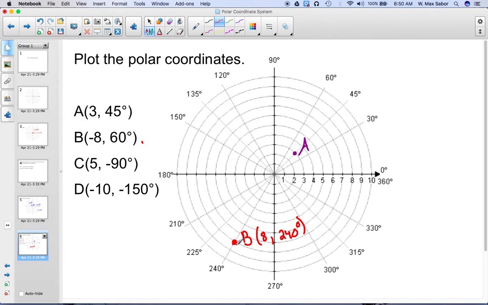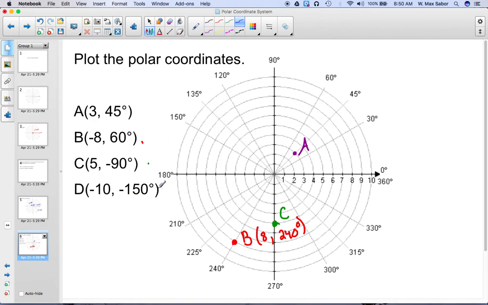Here's negative 8, 60, which is the same as 8, 240. 5, 90. Sorry, negative 90. So 5, and then we go negative 90. That means clockwise. We're going to go in a clockwise direction, which brings us to here, which is the same point as 5, 270, but we can describe it in terms of a negative angle, and it's still the same location.